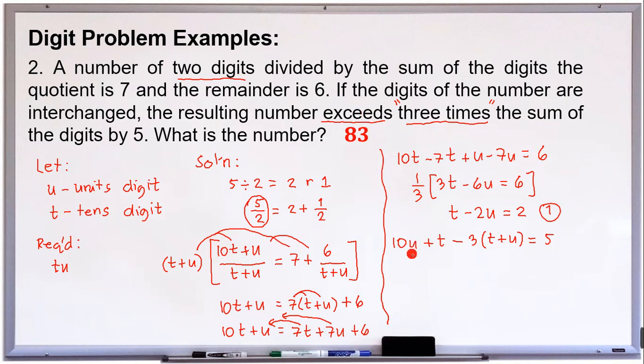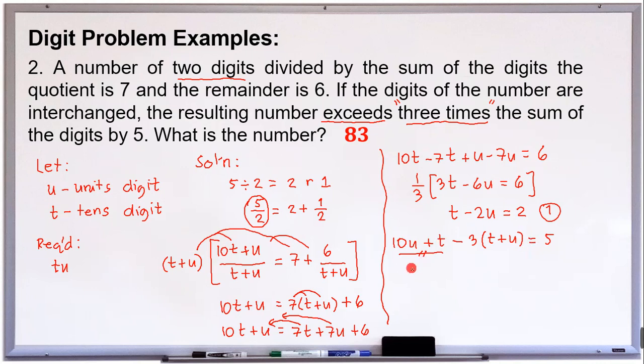So these two expressions right here are for the reverse digits of the number, and then this one is the magnitude. This 3 came from the words 3 times, and then the sum of the digits, t plus u, then the answer is 5.